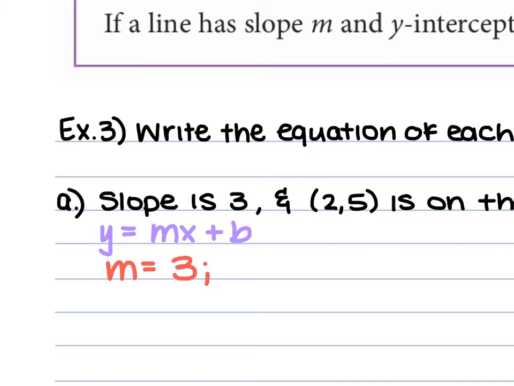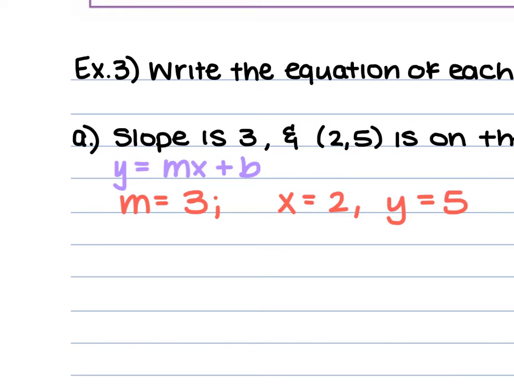We have an ordered pair 2, 5, so our x is 2, our y is 5. So we're going to plug all of these in and solve for our b. Once we get our b, we're going to use our slope and our y-intercept, so our m, which is 3, and whatever b is, and put it into slope-intercept form, the y equals mx plus b.